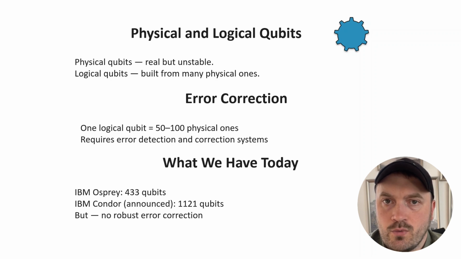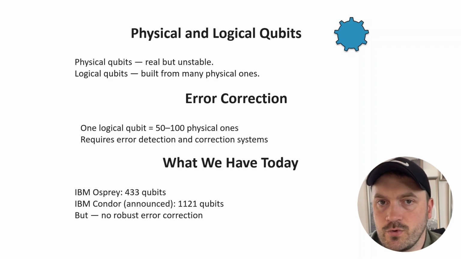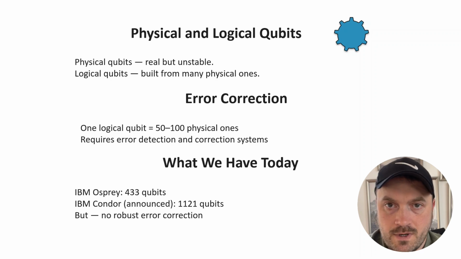Now let's talk about what error correction is. It's a set of algorithms that allows a quantum computer to detect and fix errors in the operation of qubits. For example, one physical qubit drifts from the correct state. The remaining qubits in the logical group notice it, correction occurs, and the calculation continues without distorting the result.